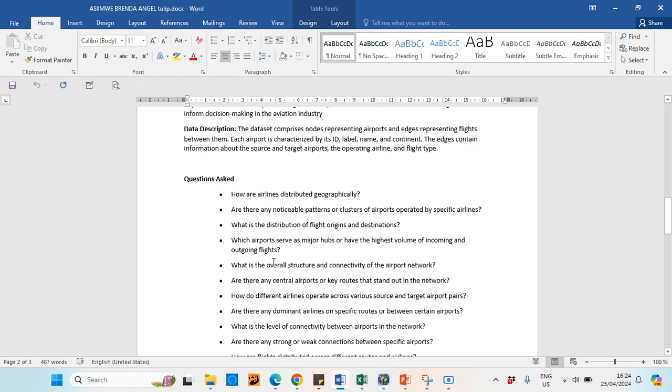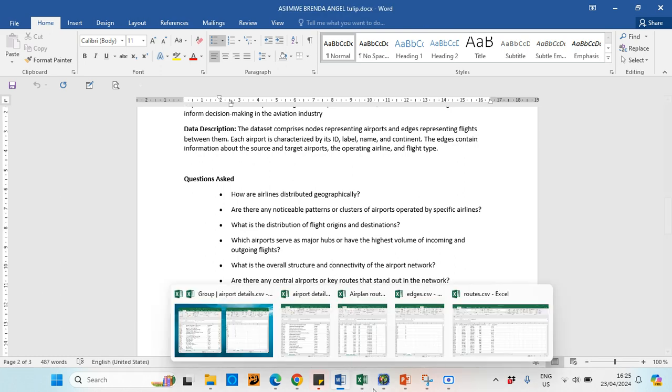This leads me to the different graphs that I used. So, how are airlines distributed? Are there noticeable patterns? Are there more airlines when leaving the source? These are questions I came in with, so maybe I will go through them as I look at the visualization.